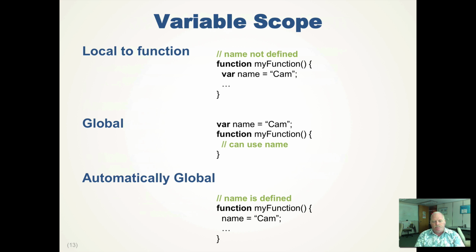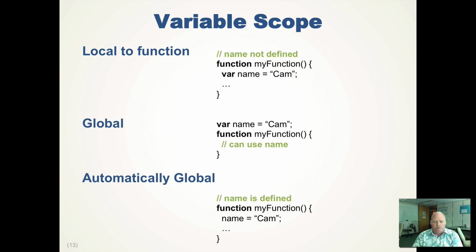If you don't supply the keyword var when you declare the variable, it is automatically a global variable. So in general, you always want to use the var keyword so that you don't accidentally define a global variable when you meant to make it local.